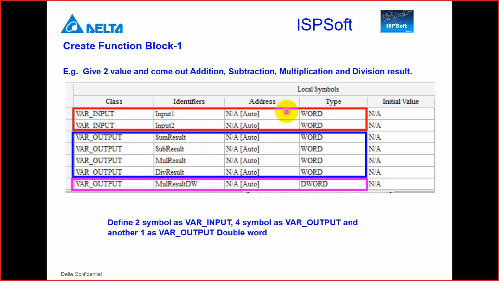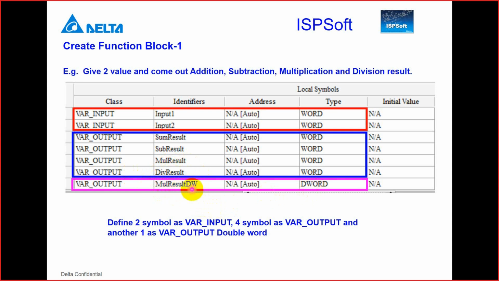Okay, and then here I will create five outputs. The first one is the sum result, the second is the subtract result, then the multiplied result, and the divided result. But here I just want to highlight that actually we have some commands that can restrict the data size.